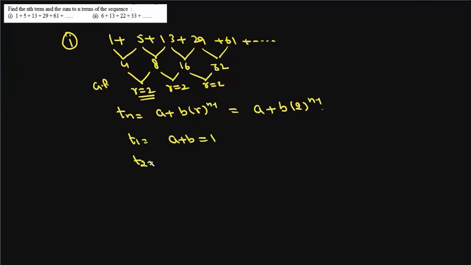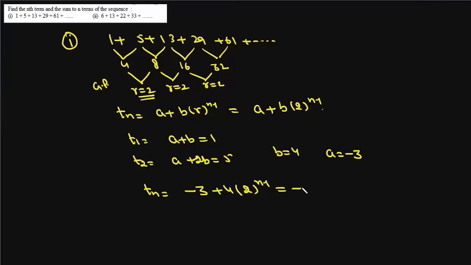And if we put n as 2, it will be a plus 2b, and it is 5. Now we subtract, we'll get b as 4, and if b is 4, value of a is minus 3. So its general term will be minus 3 plus 4 into 2 to the power of n minus 1, or it is minus 3 plus 2 to the power of n plus 1.